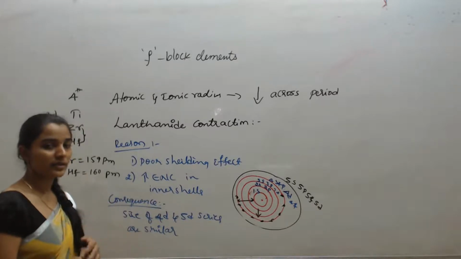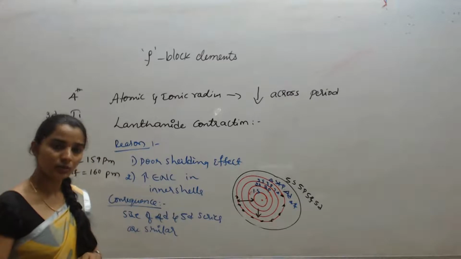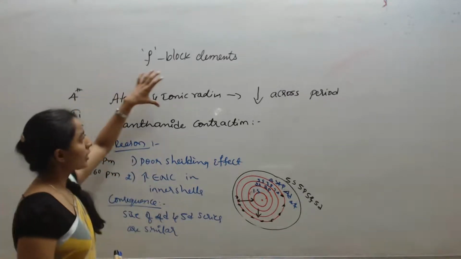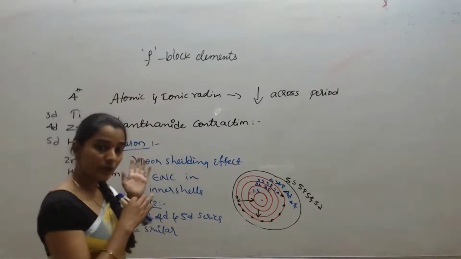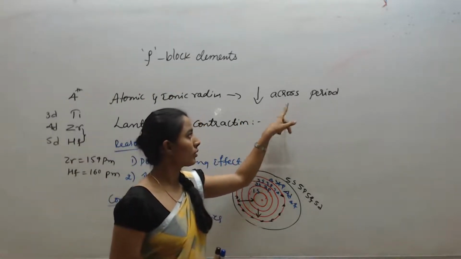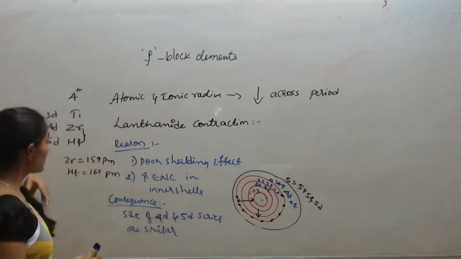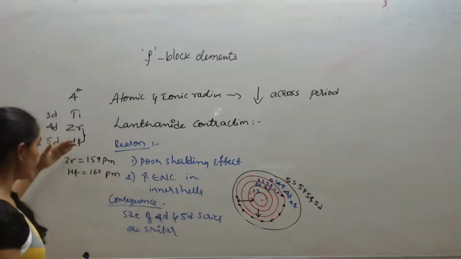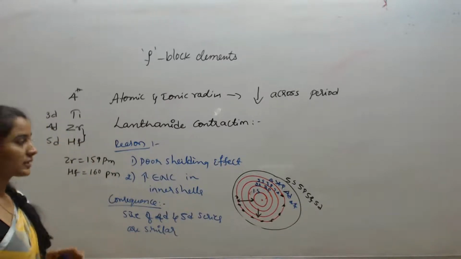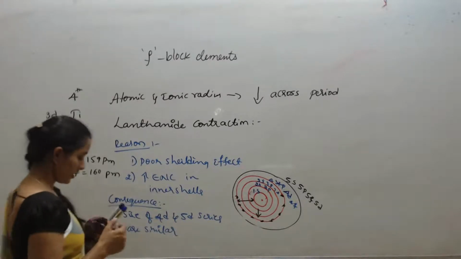So this is our lanthanide contraction. Atomic and ionic radius, as we compare the whole lanthanides and actinides, of course decreases across the period. But because of that reason, in the periodic table the 5d and 4d series elements show similar size. The next one is oxidation state.